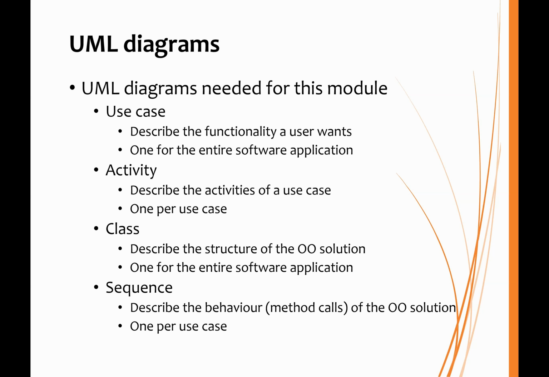The class diagram describes the structure of the object-oriented solution, again one per application. And then the sequence diagram will describe the behavior in terms of method calls of our solution, and it will show which methods call what other methods in the various objects within the application. And there will be one of these diagrams per use case.